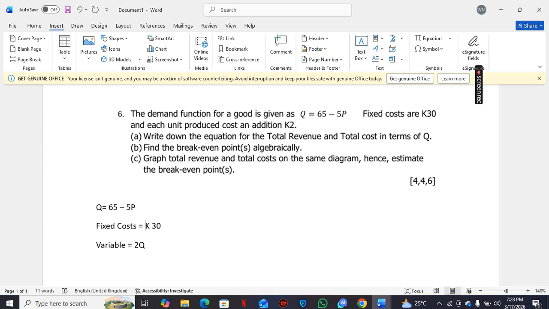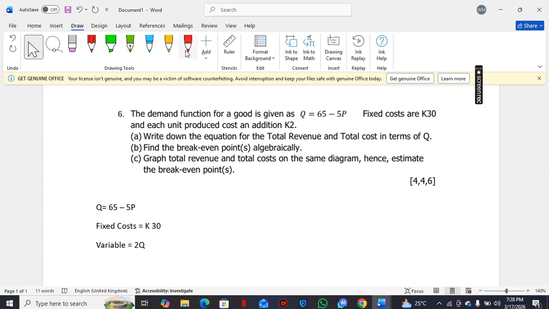So fixed costs stay the same. Their graph is like this, because the reason why I'm going in depth is that we're also going to learn this in economics. So remember these concepts. Remember the graph for total fixed costs is like this. When you look at fixed costs on a per unit basis, the graph looks different.